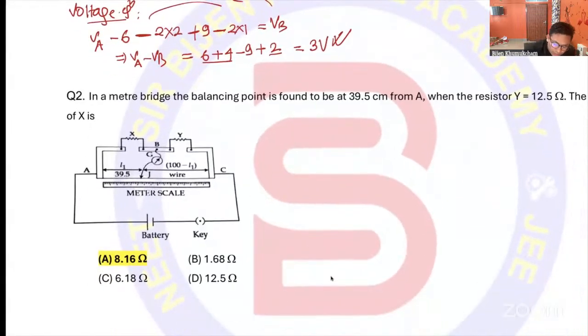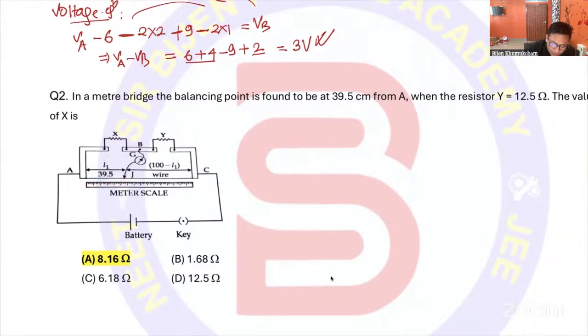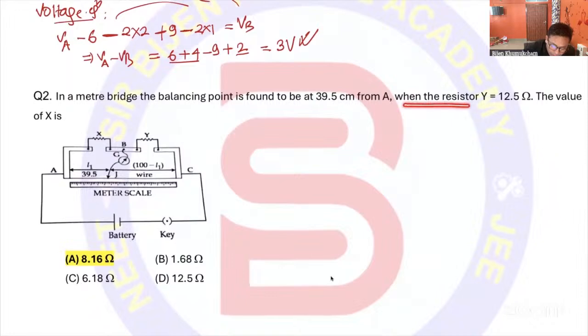So in a meter bridge, the balancing point is found to be at 39.5 centimeter from A. We find the balance point when this resistor Y is 12.5.